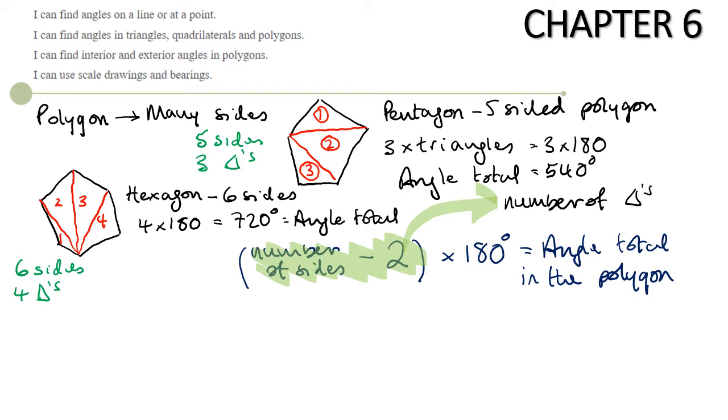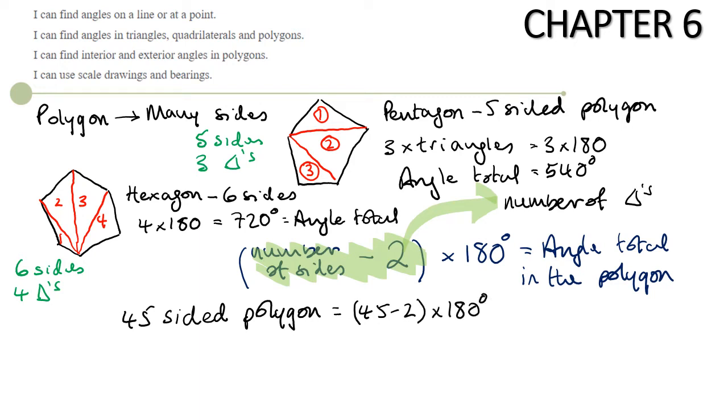So here's an example. If I had a 45-sided polygon and I wanted to find the angle total, 45 minus 2 tells me that would split up into 43 triangles, times by 180 gives me the angle total. So let's work that out. 45 minus 2 is 43, 43 triangles, 43 times 180 is 7,740.